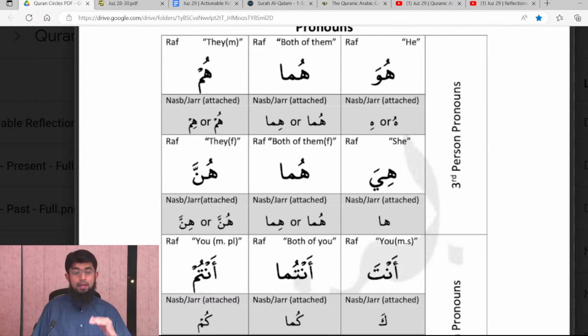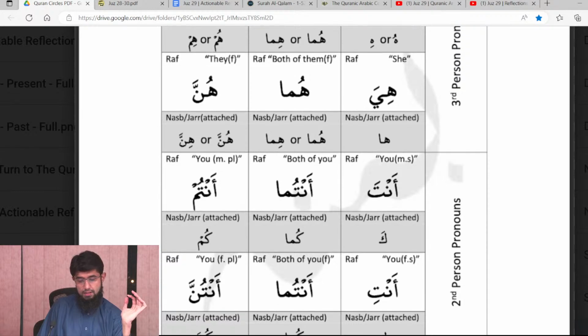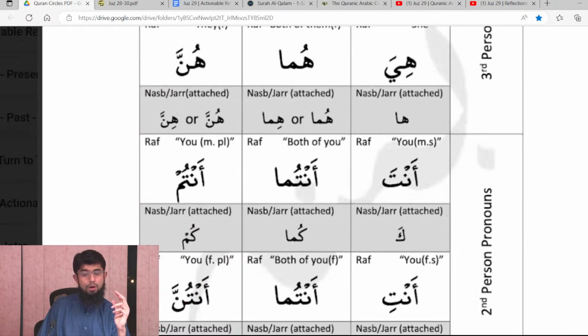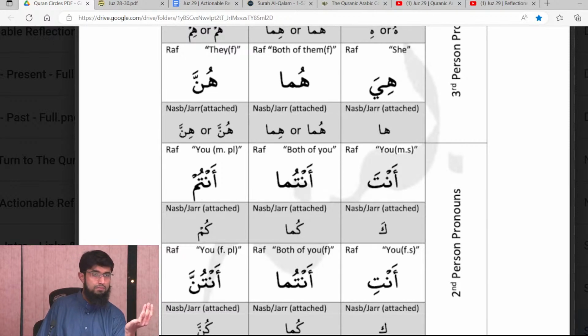So in Arabic, for his or him, you would use hu or hi, either one, it doesn't matter. It only has two distinctions. Either it's going to be huwa or it's going to be hu or hi. Clear?